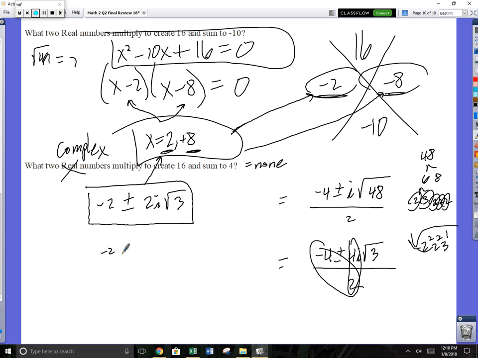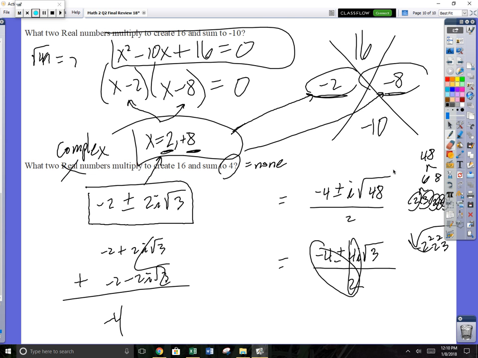If I add negative 2 plus 2 imaginary square root of 3 to negative 2 minus 2 imaginary square roots of 3, these will zero out, and that will add to a negative 4. But I want them to add to a positive 4, so your solutions are kind of always opposite of that.